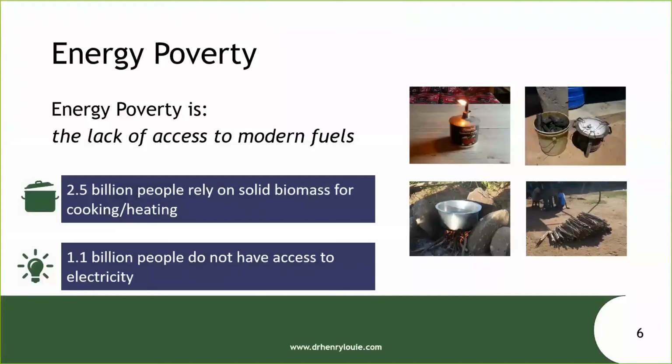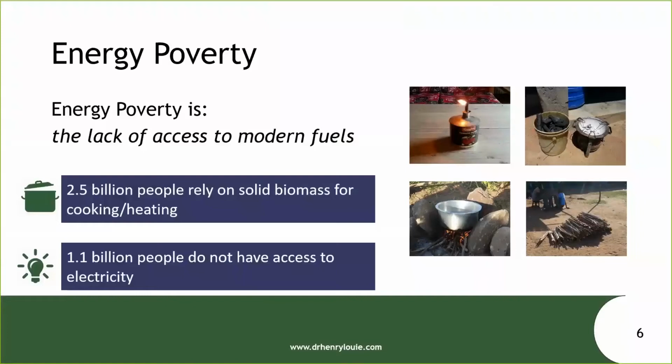This typically arises in terms of how people cook and heat their spaces. About 2.5 billion people rely on solid fuels, typically biomass, like wood or charcoal or crop residue or animal dung. So quite a large portion of the world are energy impoverished when it comes to how they heat and cook.